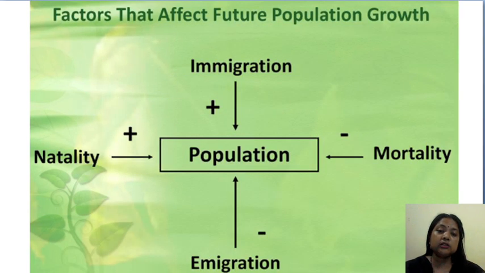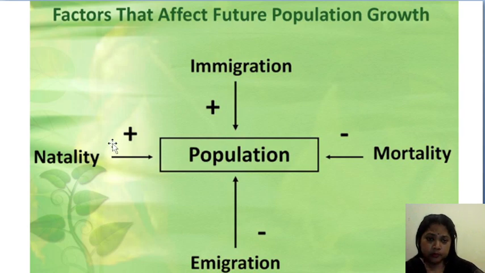Okay, and this is a picture which shows population natality. Natality means birth rate. If natality increases, the plus sign here means it always increases the population. Okay, means population quantity or density increases by natality.